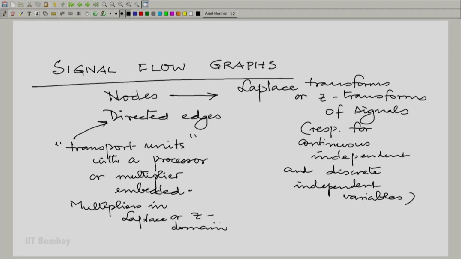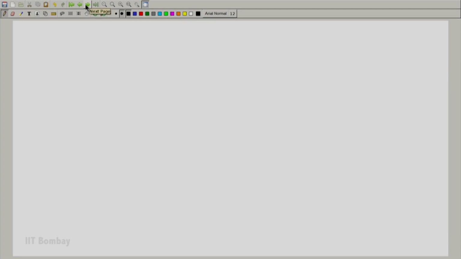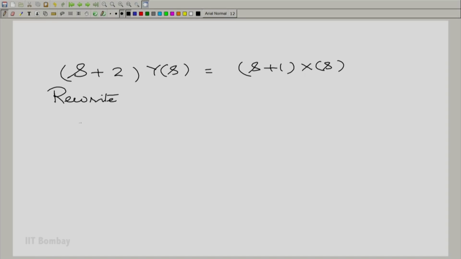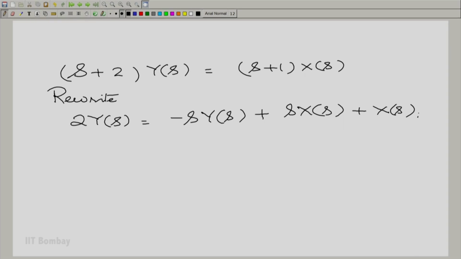So, what we are saying is as follows: let us take this very same system that we had. We have (s+2) times Y(s) is (s+1) times X(s), and we can rewrite this: 2Y(s) is sX(s) + X(s) - sY(s). So, now we can conceive of a signal flow graph.